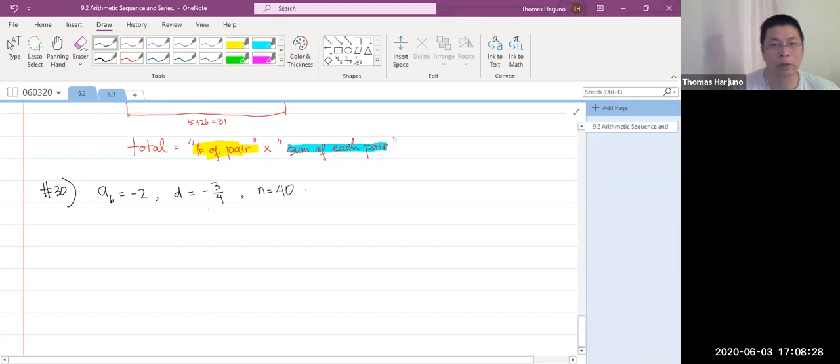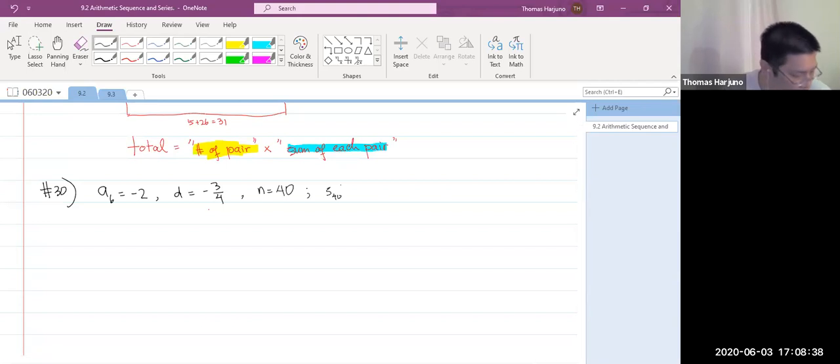Yeah, because the question is find S40. Now, I feel strange. Our textbook uses capital S, it's supposed to be lowercase s for the nth partial sum. Well, anyway, don't worry about that.